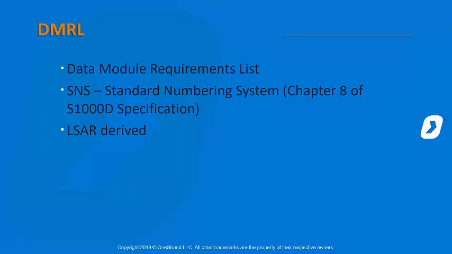So you want to be able to get as much information as possible out of the LSAR that can assist with the creation of the content that we have to produce. It's not going to be a complete set, but hey, it'll give us a starting point of information. So with all of that, we can then start to produce our DMRL.